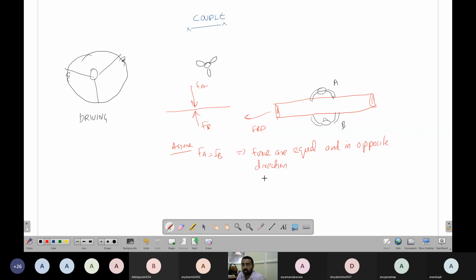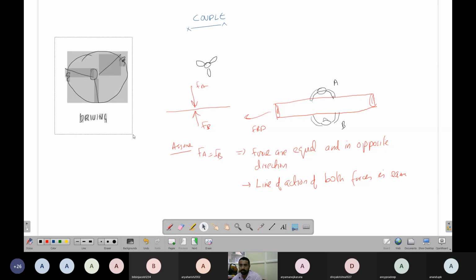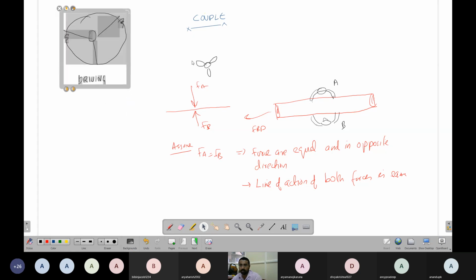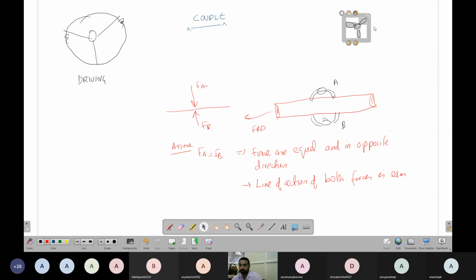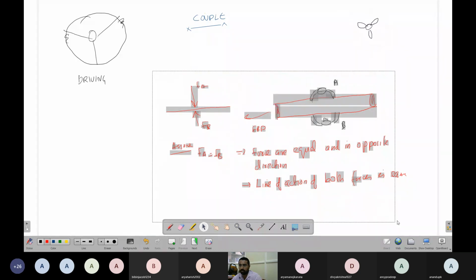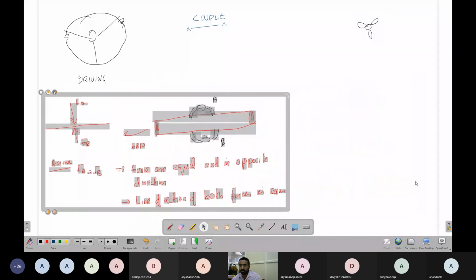We also know that the line of action of both forces is the same. Now this is one scenario. So this will keep it here. This is my first condition.